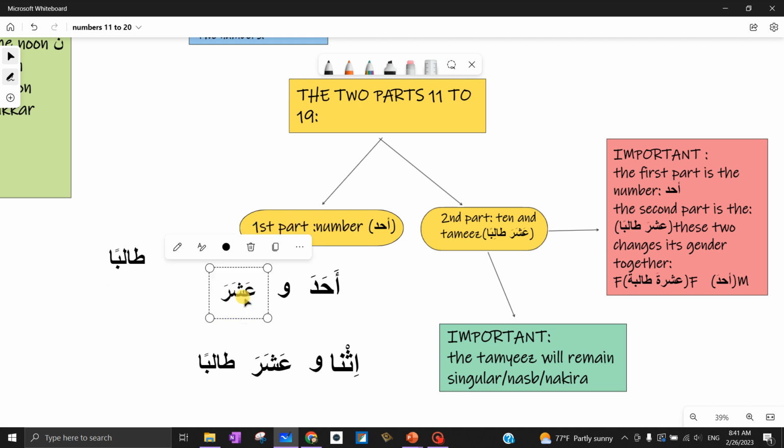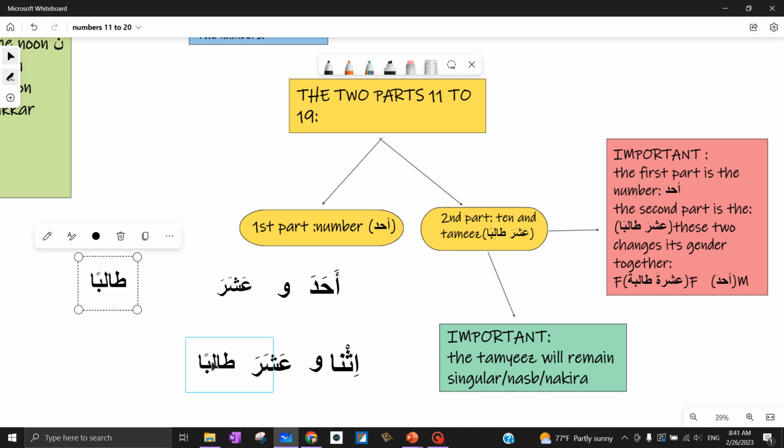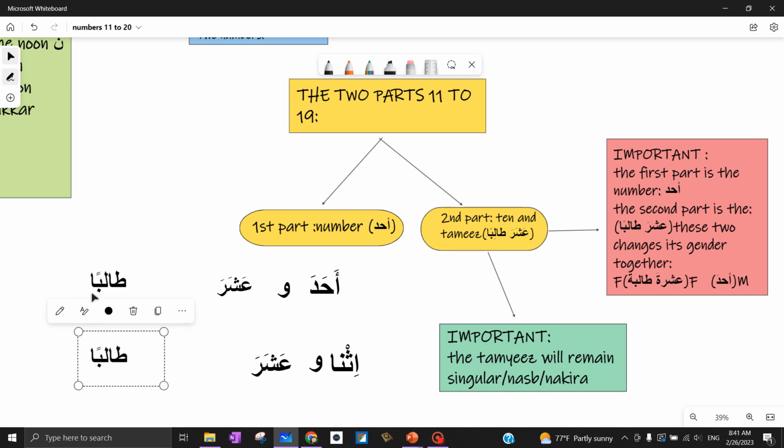As we said, the number names were 10 and 1, 10 and 2. So what happened? Let alone the tamiz, we don't need to work with the tamiz now. Just let alone the tamiz. We need to focus on this number 10 and 1, 10 and 2.